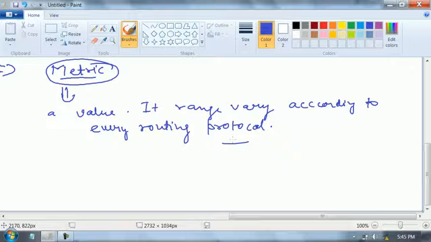It means we can't discuss the range of metric now. It's not possible. But what I am trying to tell you, just concentrate on the point. What is the point?